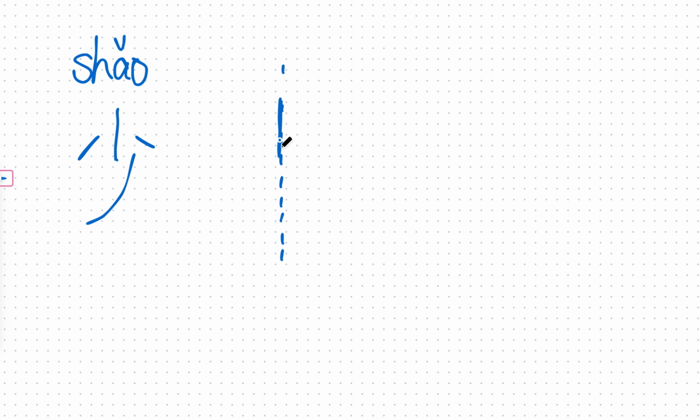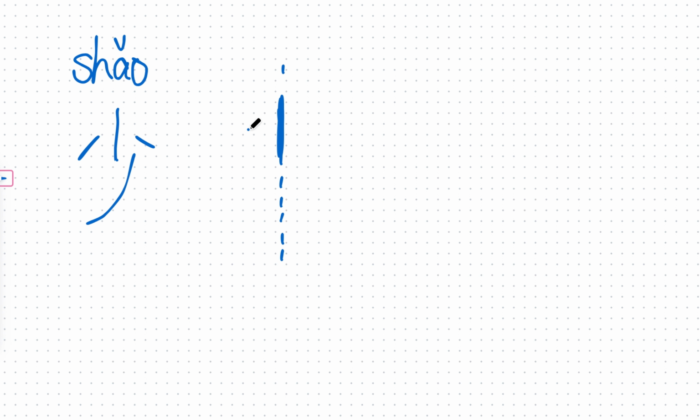Finally, a simpler one, 少. It means the quantity is small. It's a little. Let's draw a vertical line. The first stroke is in the middle here.